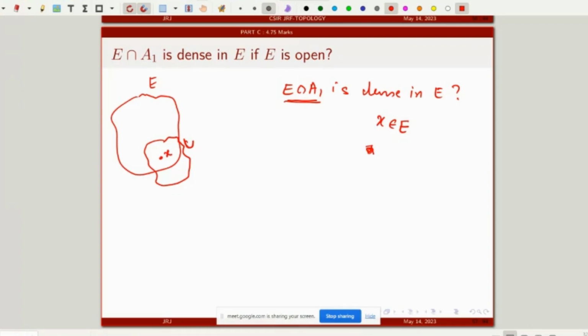So we are taking an open neighborhood U of X. This U intersection E will be open again since E is open and U is also open. And we know that A1 is dense. Since A1 is dense, there will be an element from A1 in this open set. That element I am calling little a1.